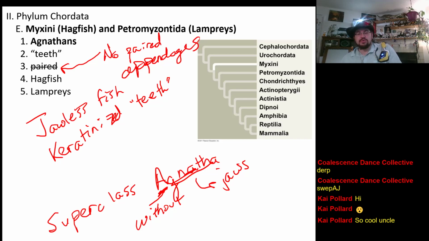There are two distinct groups of agnathans. Class Myxini, the hagfish. Hagfish have a notochord, right? So hagfish, they have a notochord, and they tend to be deep water scavengers.